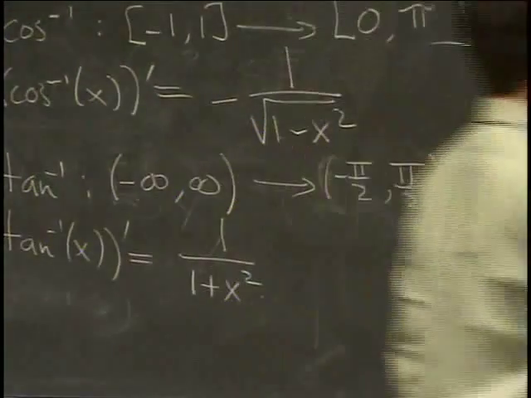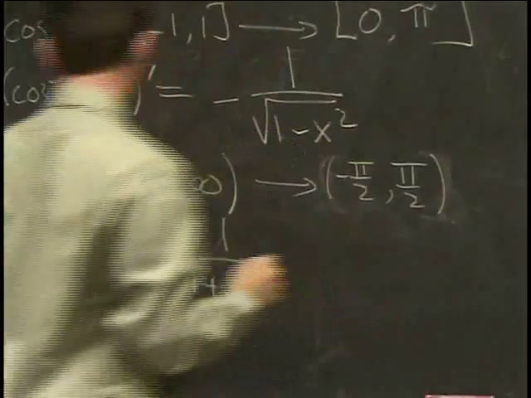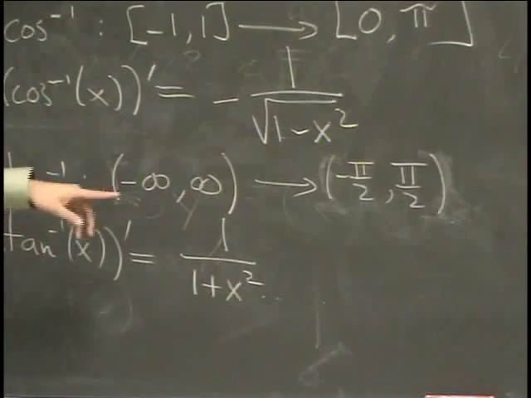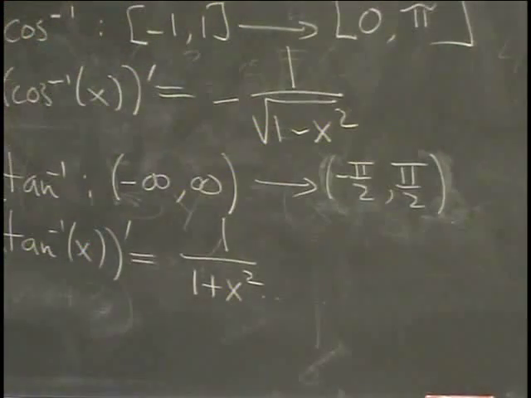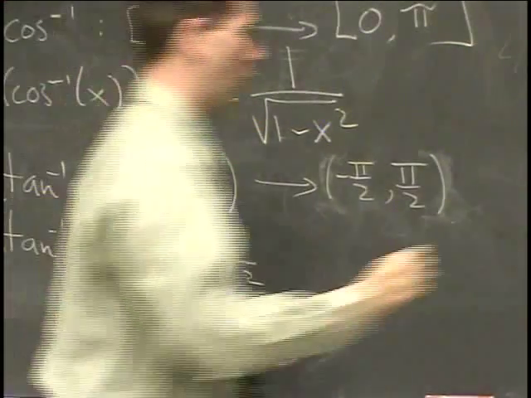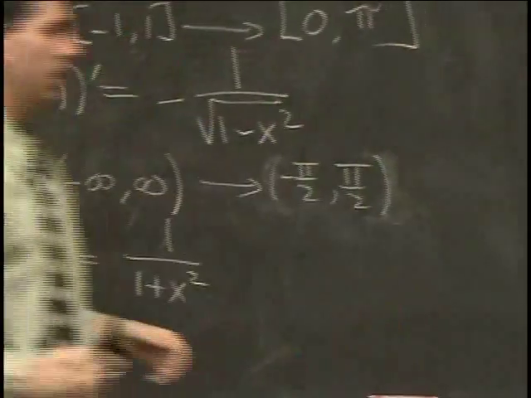Okay, so let's write up the corresponding results for the other three. Cosecant, secant, and cotangent. Okay. I want to start with cotangent because it's somehow the easiest. So you'll notice there's a parallel in the range here of tangent with sine. And that's coming from the fact that tangent is sine over cosine. If you do cotangent, well, again, it's going to go from minus infinity to infinity.